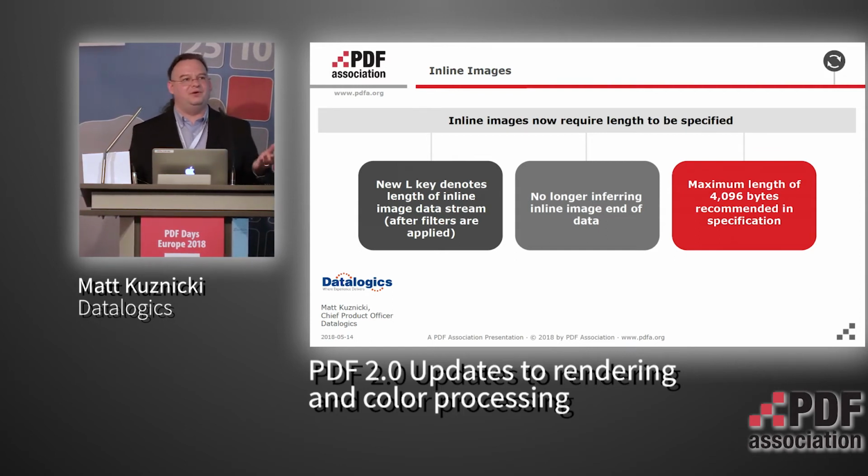You still need to decode your stream to find that out, just as you need to do with image XObjects today. So there's no more inferring the end of data or hoping that you got it right. And there's a recommendation that inline images be no more than 4 kilobytes in length, 4,096 bytes.